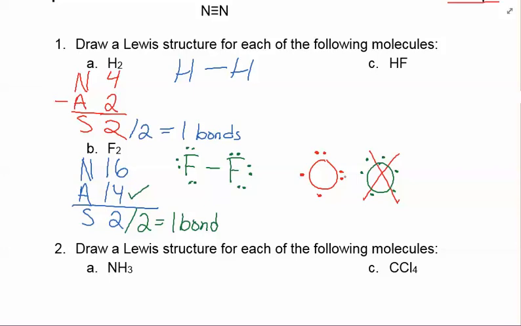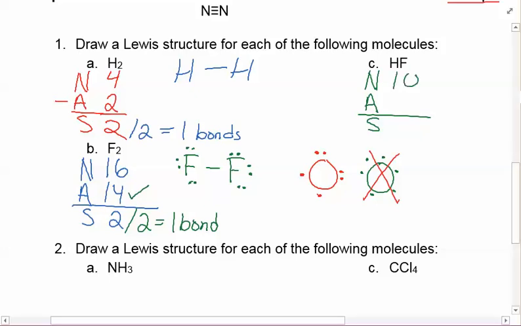Okay. So we're going to do one a little bit more complicated, and that is with HF, or hydrofluoric acid, if you remember back to acid naming. So hydrogen would need to fulfill the duet rule, which would have 2 electrons. Fluorine would have the octet rule, which would have 8.